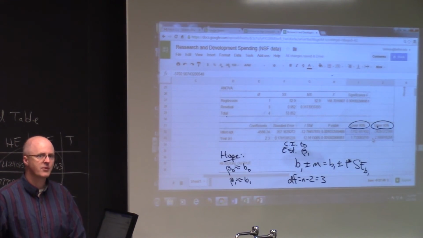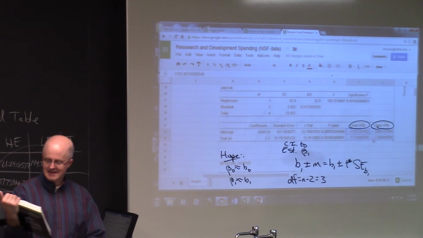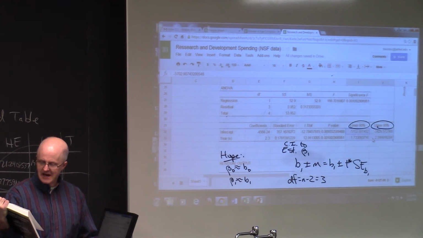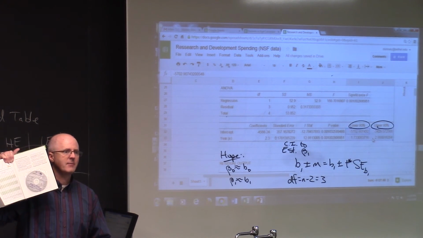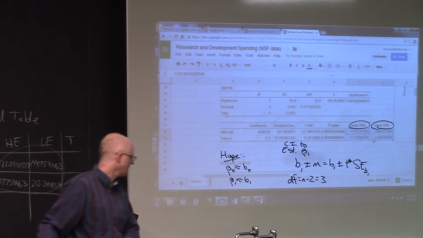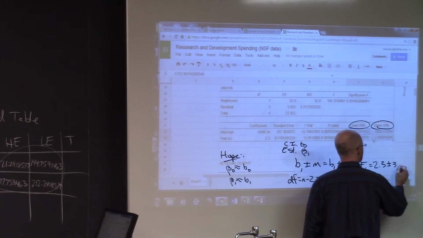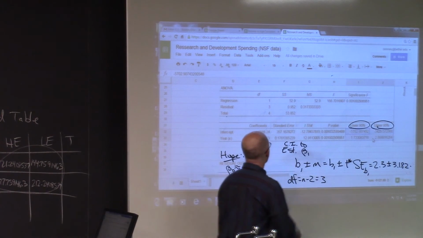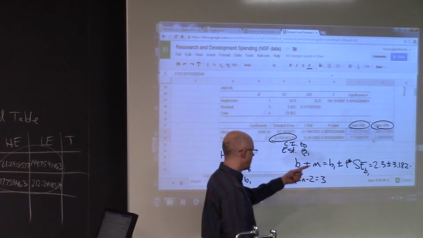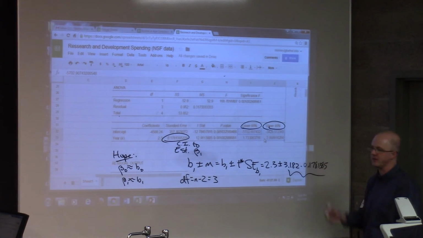Look for 3 degrees of freedom. 95%. You're looking there with me. T star would be, I see a 3.182. 3 degrees of freedom, 95% confidence. 3.182 is T star. Take this standard error that's right here and multiply that times the T star, 0.17813885. Go ahead and try that product in your calculator right now.